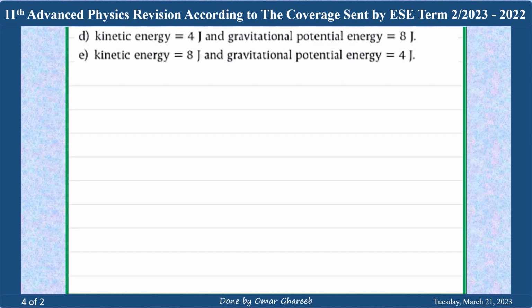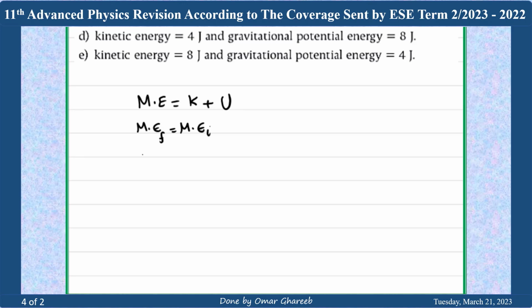We know that the mechanical energy is the kinetic energy plus the potential energy. Now, if there is no resultant force applied on the system, then the kinetic energy plus the potential energy, which is the mechanical energy, should be conserved. That means the initial mechanical energy equals the final mechanical energy.